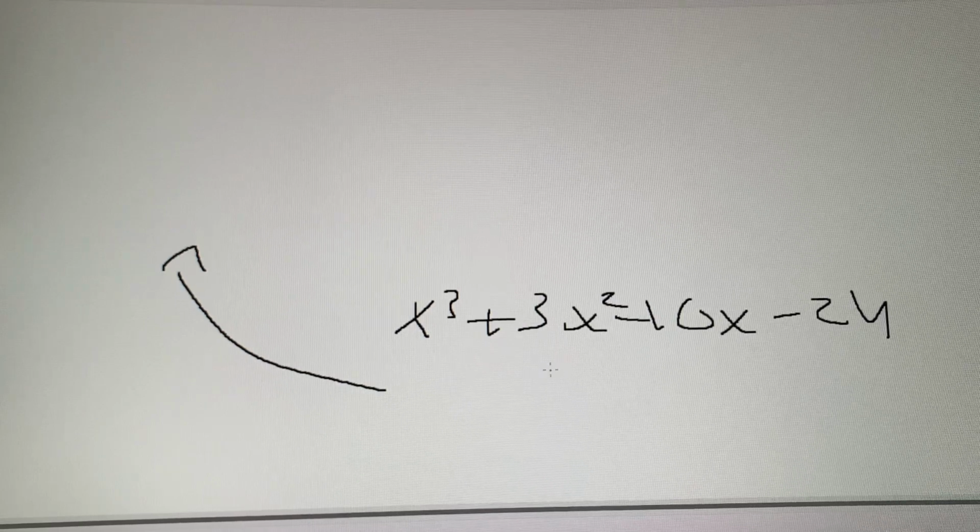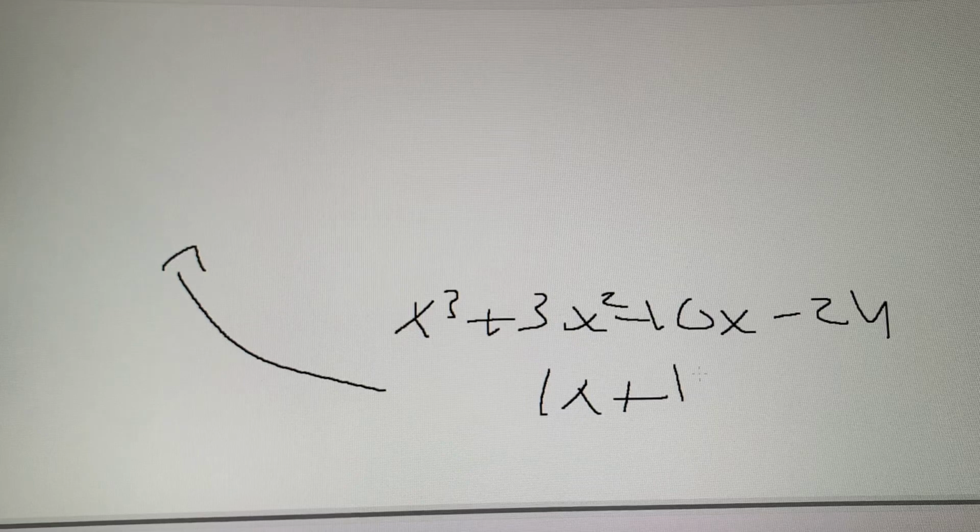We already know that x plus 1 is a factor, because it worked when we did it. So we have to try a different one to get this equation a little bit smaller.